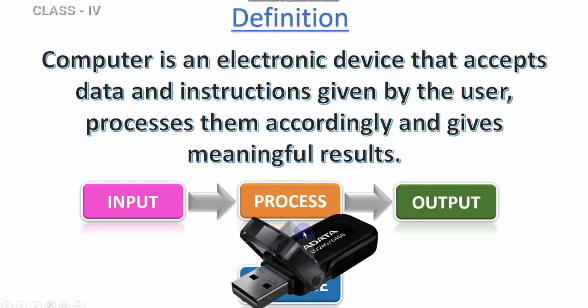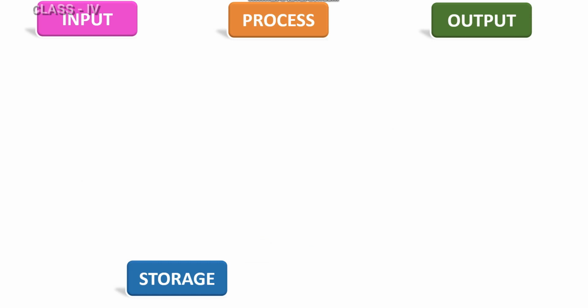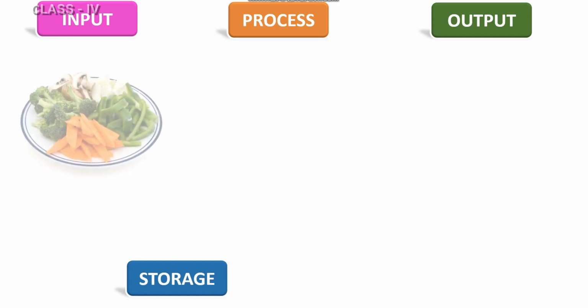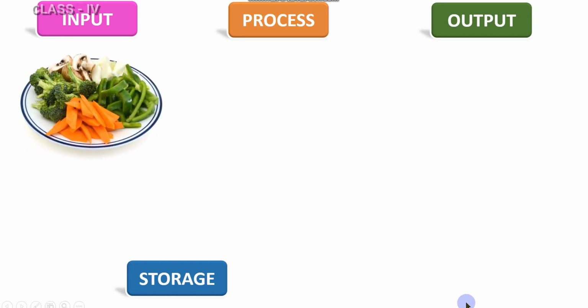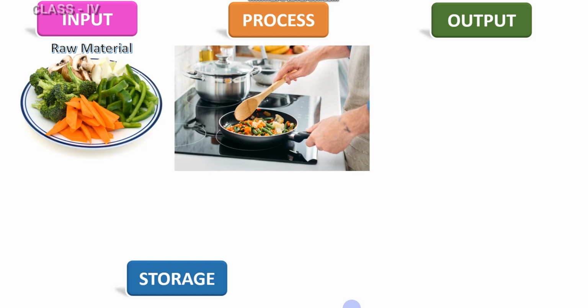Now we move on to the next image. Now we are going to see the real life example of input, process, output and storage. In the first image we have these raw vegetables which work as the raw material. Now in the process we are cooking these raw vegetables, and this process is called cooking.